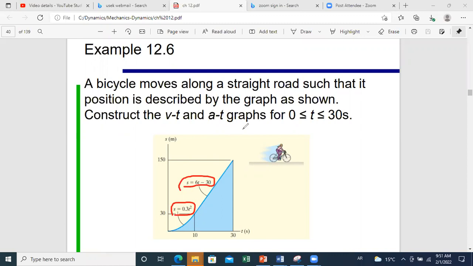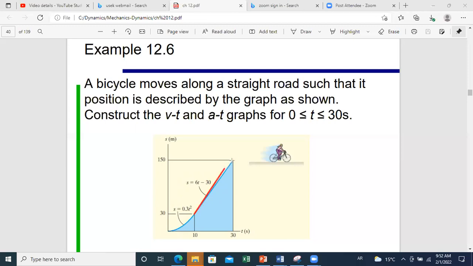If I want to get v, I should take several points, and at each point I should find the slope to determine velocity. For the straight line part, it's very simple. When you have s rectilinear with respect to time, what will be the value of velocity? Constant, and it's just equal to the slope. So you can just take any 2 points. When you have linear behavior, it's very simple to determine the velocity value.